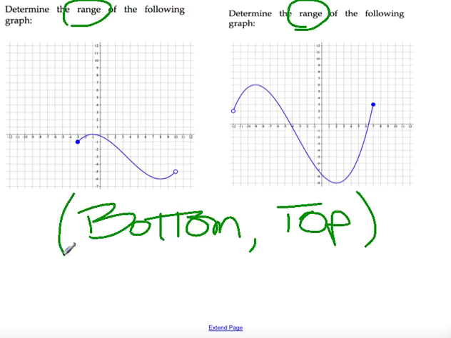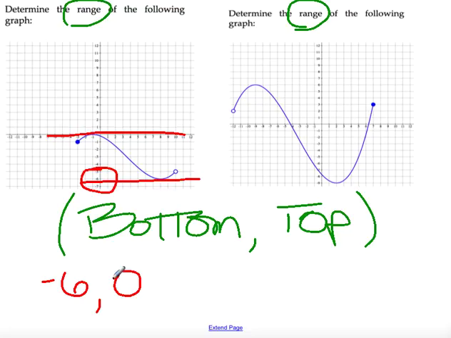All right. Now, if you look at this graph here on the left, if you work your way through, the bottom of the graph is right here at -6. The top of the graph goes through right up here, and that Y value is actually 0. So for this left one, it's going from -6, which is the bottom, to 0, which is the top.